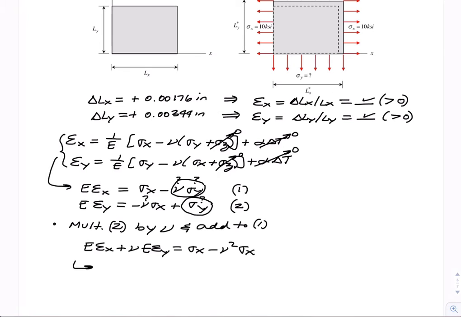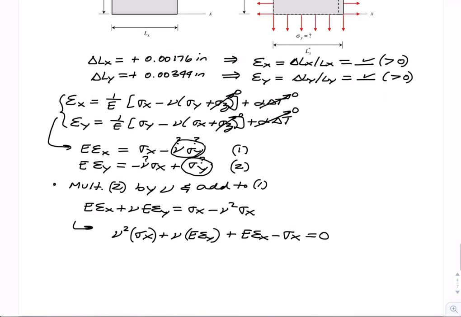What I'm going to do is bring everything over to one side. I've got a nu squared times sigma x, a term of nu times E epsilon y, and my other term is E epsilon x minus sigma x, equal to 0.